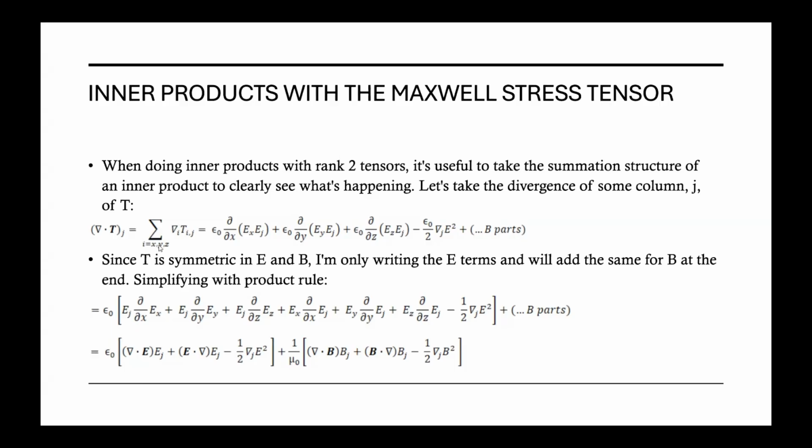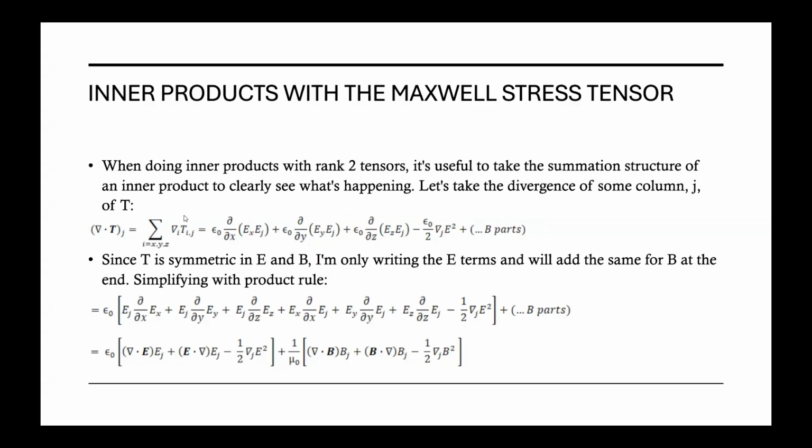And this is what you get here. So you're summing over the XYZ indices. And of course we have to remember that nabla here is the differential operator, and we can model this as a three-vector of d/dx, d/dy, and d/dz.